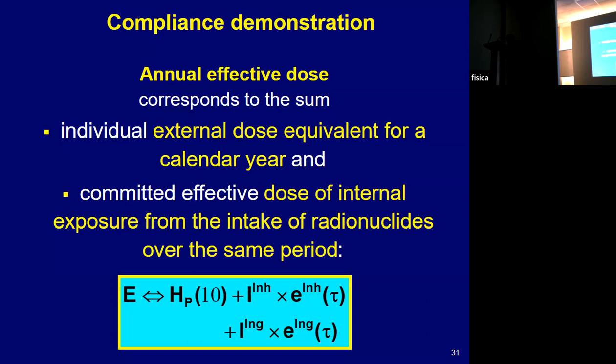H within this P from 10 is the individual external dose equivalent per year, in sieverts per year, and then I different coefficients: in means oral intake of radionuclide into the body per year, in becquerels per year, and I within this is inhalation intake of radionuclide into the body per year, again in becquerels per year, and the coefficient e, also with index in and in, correspond to those coefficients equal to the permitted effective dose for inhaled intake of 1 becquerel of radionuclide into the body, sieverts per becquerel.